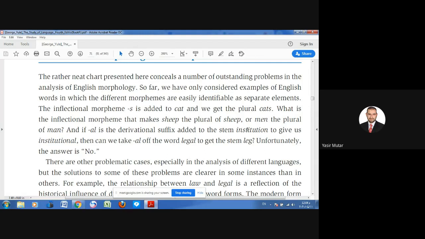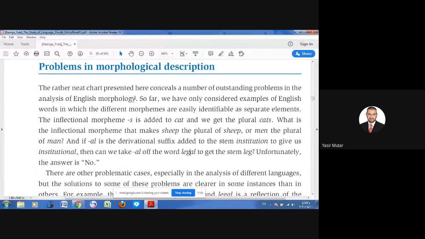With institution and institutional, there is a relation in the word by adding the derivational morpheme al. But with the word legal, I cannot split it. It's part of the word. So the morphological description is not always clear. We have some problems.